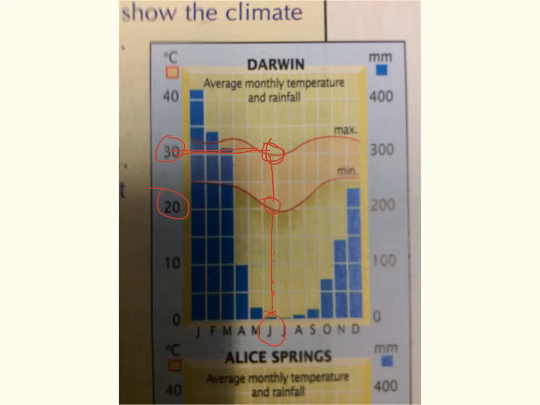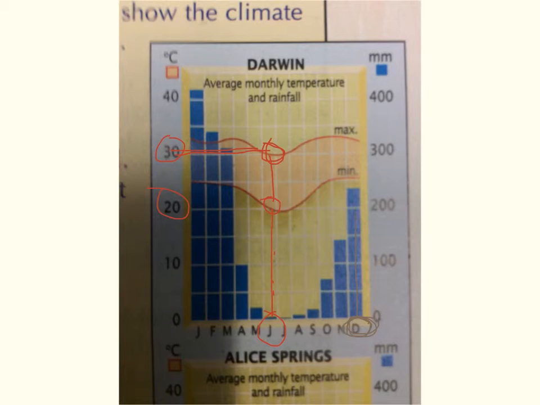Okay. So what we do, if we want to know the rainfall for any particular month, we follow the same process as we did for temperature. And I'm just going to show you an example of that now. So let's say a question asked you in a test, what is the average rainfall for the month of December for Darwin? All right, so what you would do is, and I'll use a different colour here, you look for where December is, and there it is right there.